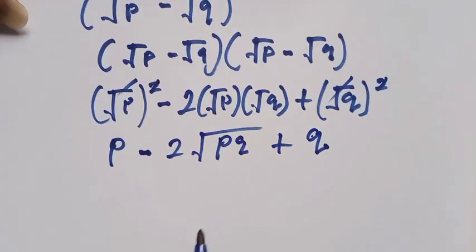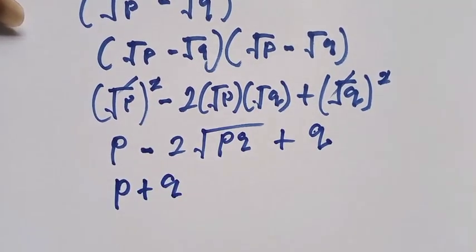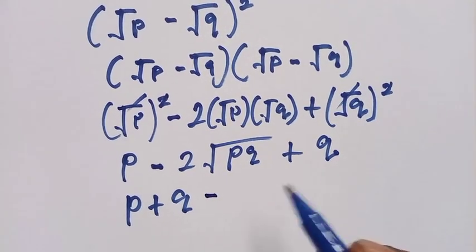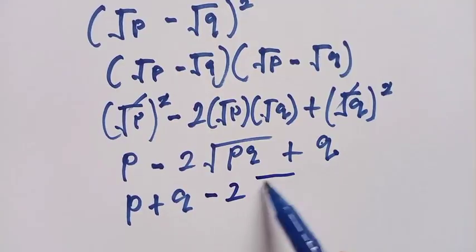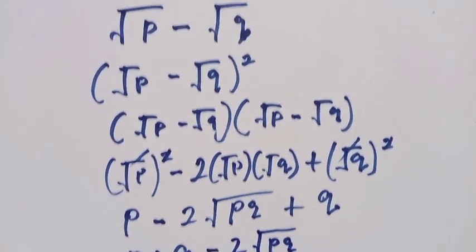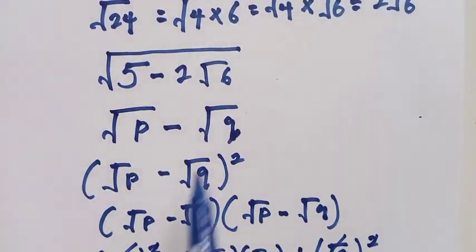So from here, if you arrange this, we have p plus q minus 2 roots pq. Now this looks like our expression 5 minus 2 root 6.